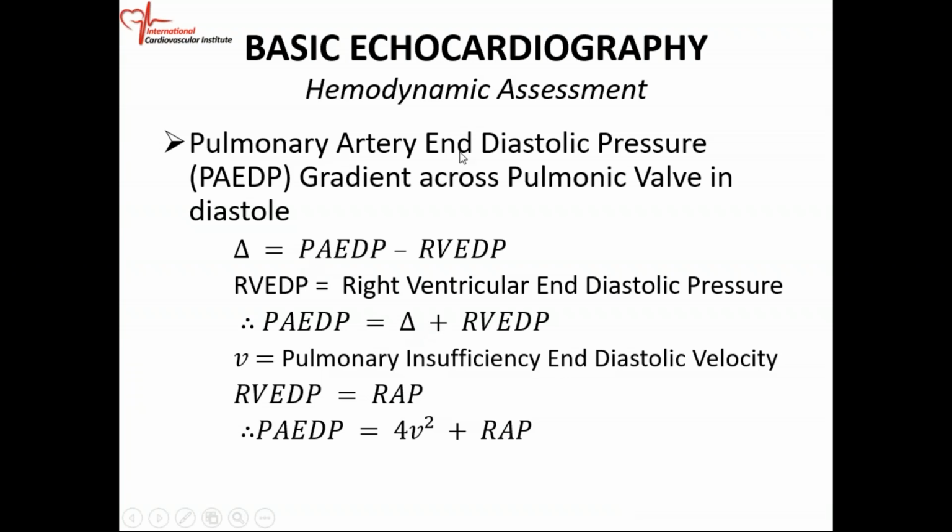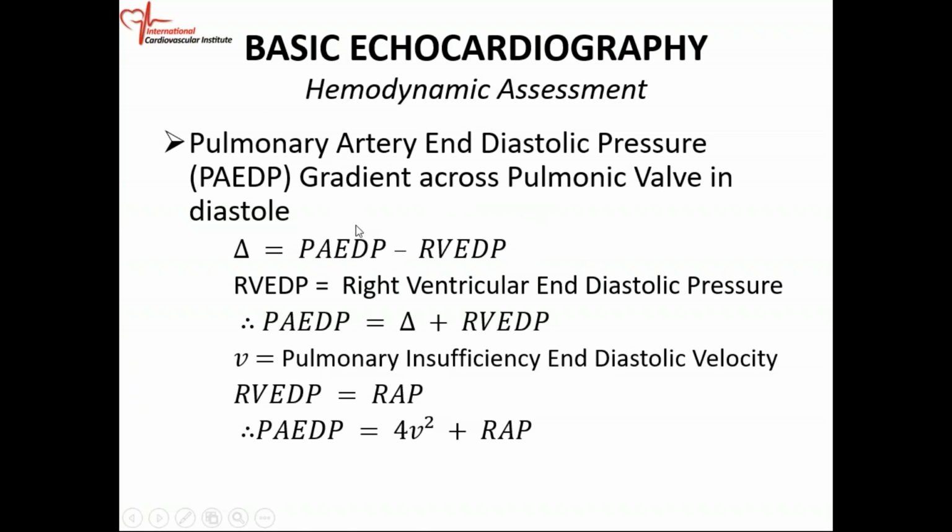So what we're saying is, if you have pulmonic insufficiency or pulmonary regurgitation, the pulmonary artery end diastolic pressure has to be greater than the right ventricular end diastolic pressure for blood to move from the pulmonary trunk across the pulmonary valve into the right ventricular outflow tract. And this pressure difference is what we call the gradient.